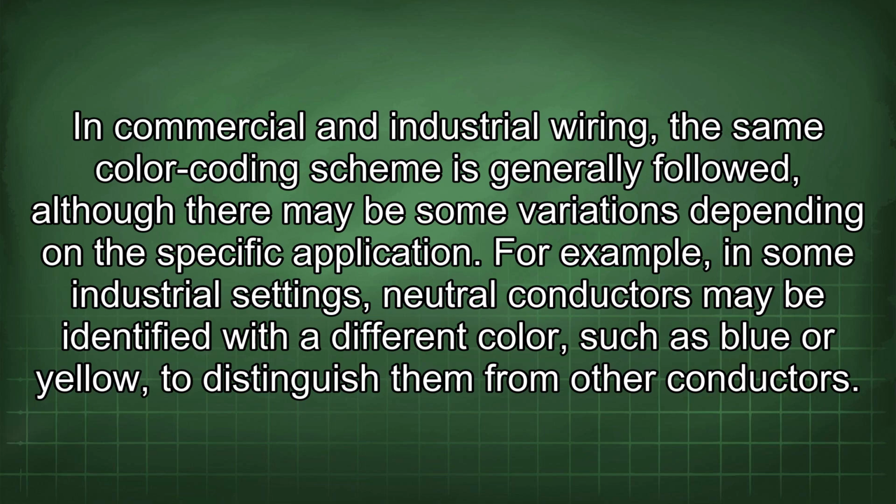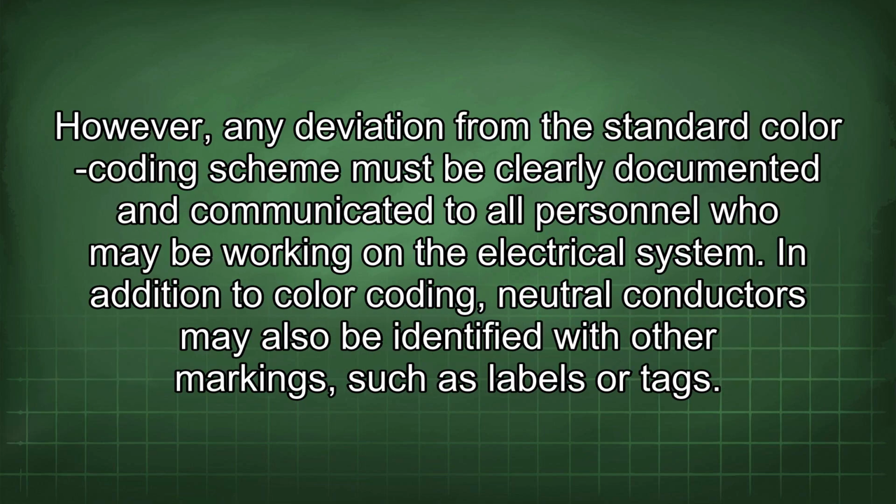In commercial and industrial wiring, the same color coding scheme is generally followed, although there may be some variations depending on the specific application. For example, in some industrial settings, neutral conductors may be identified with a different color, such as blue or yellow, to distinguish them from other conductors. However, any deviation from the standard color coding scheme must be clearly documented and communicated to all personnel who may be working on the electrical system.